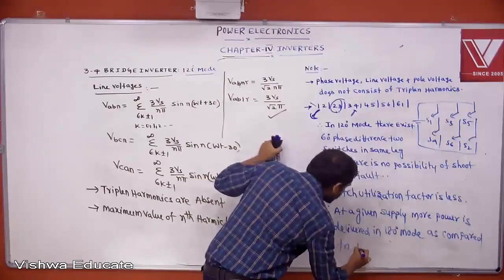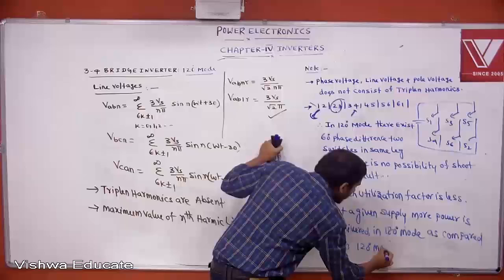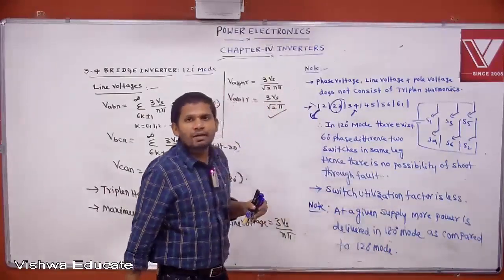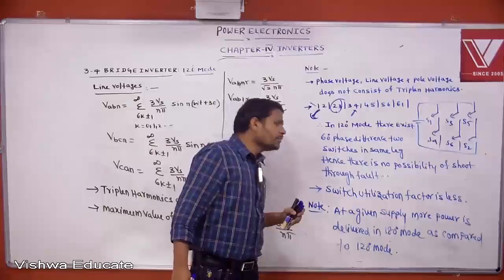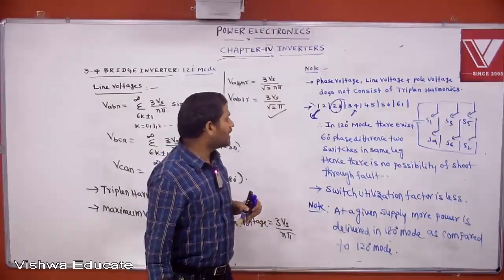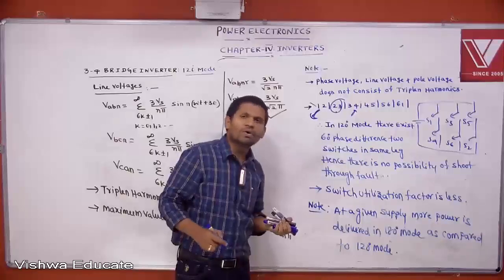Because in 120-degree mode at a time 2 switches are conducting, but in 180-degree mode, at a time 3 switches are conducting. That's the reason why more power is delivered in 180-degree mode as compared to 120-degree mode.